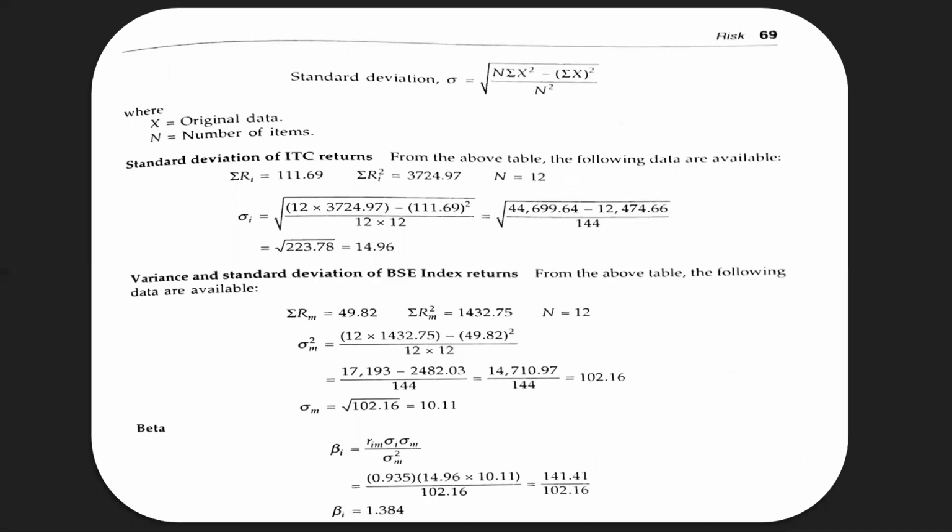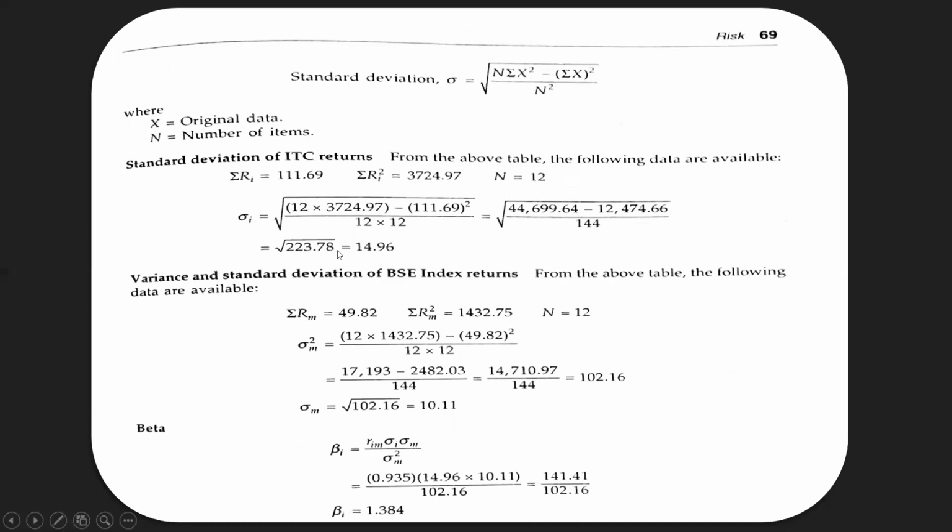See here, the x value is taken as the original data. When you're calculating the ITC returns, you will take the values of the y square and the sigma y. And when you're calculating the BSE index, you will take the values of the x square and sigma x. So the x is just the original data that is required.